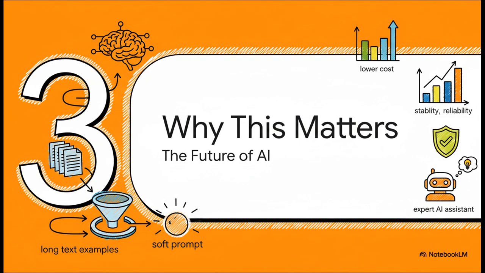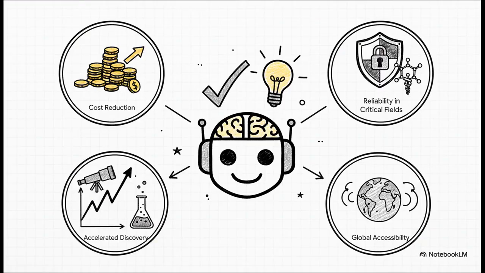So, let's recap. We have a way to teach AI that's more accurate, 10 times cheaper, and perfectly stable. Why is this such a big deal outside of a research lab? Well, this has absolutely massive implications for the future of specialized AI. The real-world impact here is just profound. It means it suddenly becomes way cheaper and easier to build expert AI assistants for basically any field you can imagine.